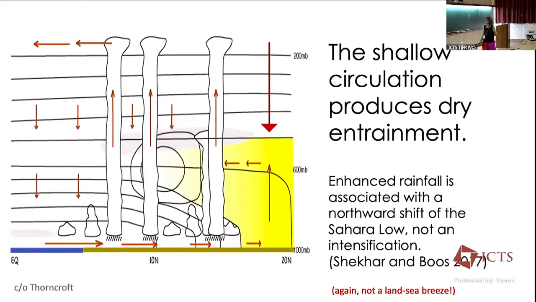If my memory serves right, people say that the African easterly jet is quite strong when the heat low is strong, and that leads to barotropic instability and the generation of African easterly waves. So how can I understand whether the northward shift of the heat low is the time when the monsoon is active, or whether it's much closer and we have more barotropic instability and MCSs that are more related to the active monsoon?